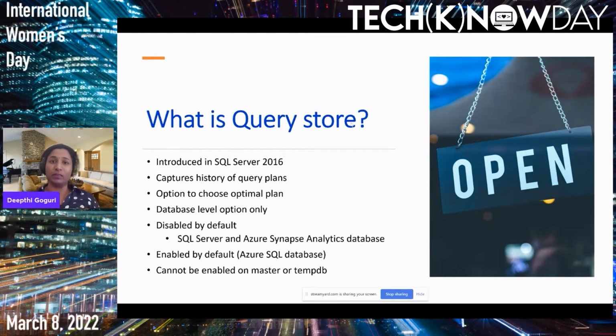Once you enable Query Store, it will go ahead and capture all of your queries, query text, query ID, and execution plan information so that you can easily monitor back in time when the query has run and what execution plan it has used and whether it is optimal or not.